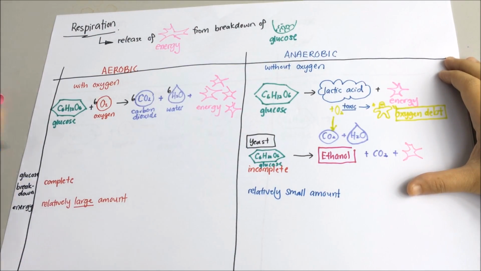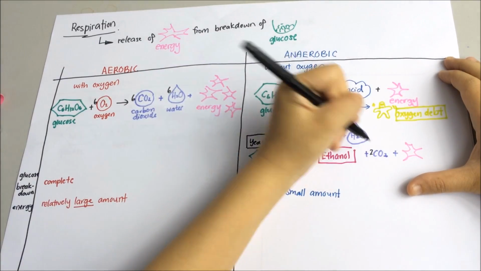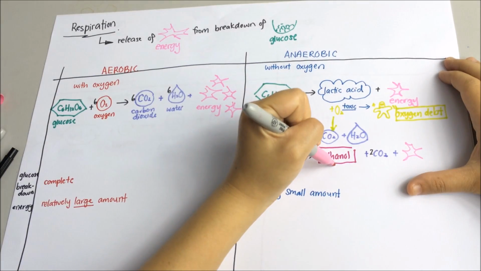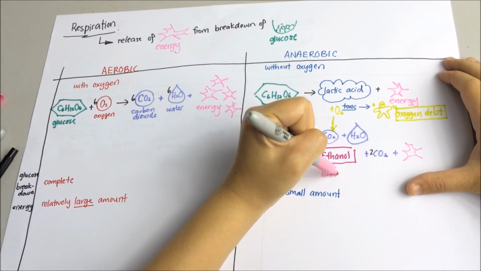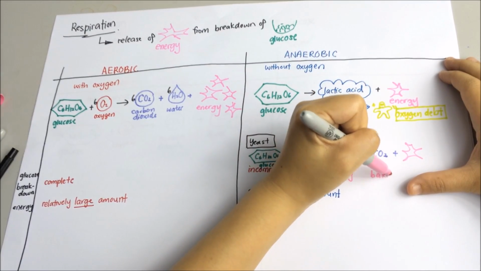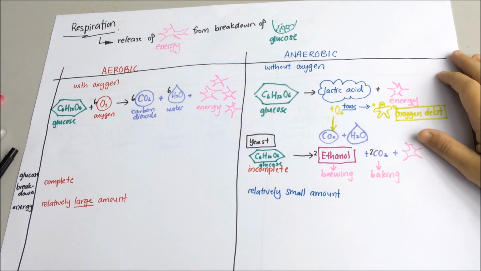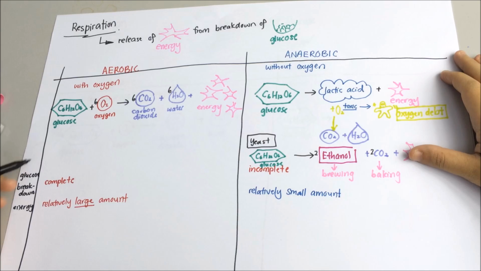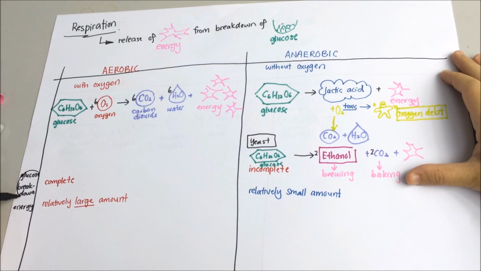The ethanol can be used to produce wine and beer. While the bubbles of carbon dioxide gas will expand the dough and help the bread to rise. Alright?